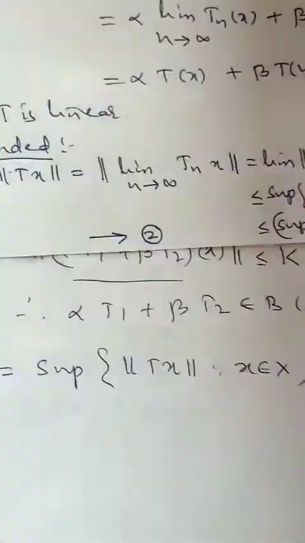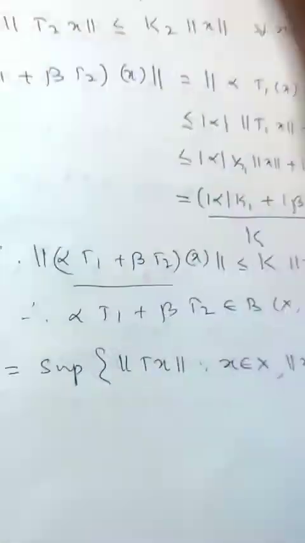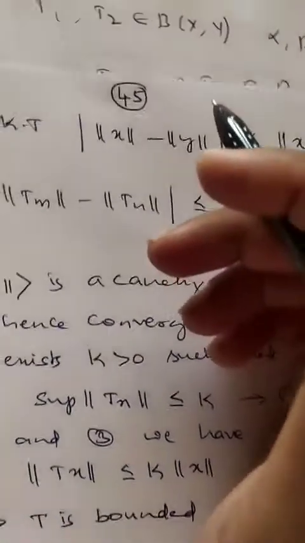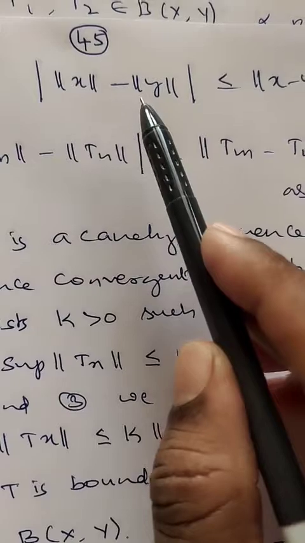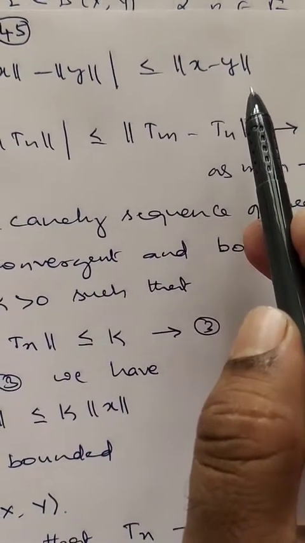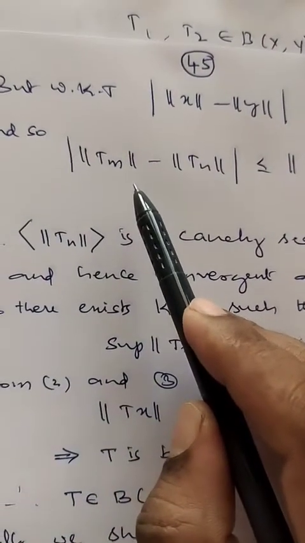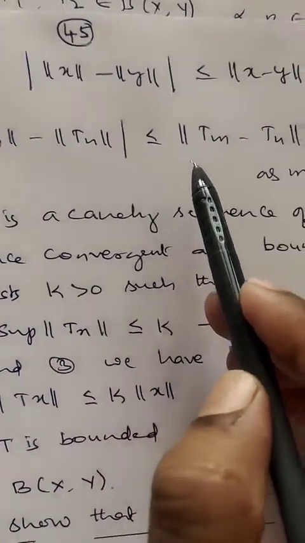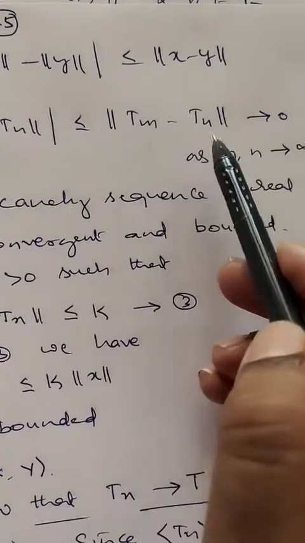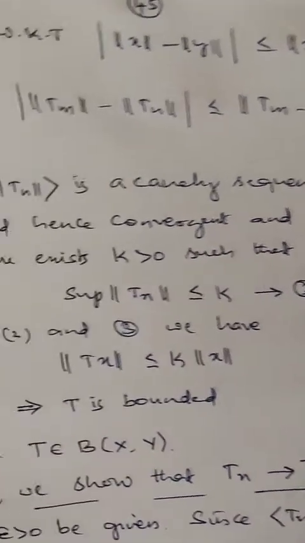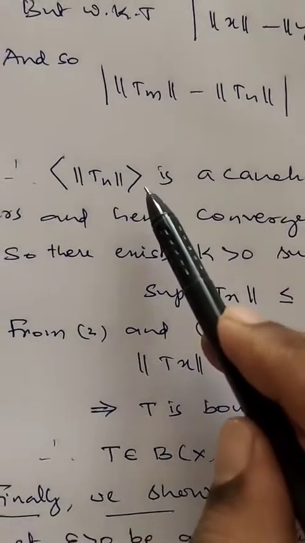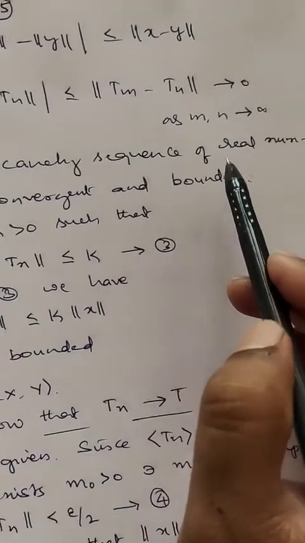But we know the condition that you already proved in the beginning of session 1 itself: mod of norm of x minus norm of y is less than or equal to norm of x minus y. So here norm of Tm minus norm of Tn is definitely less than or equal to norm of Tm minus Tn, which tends to 0 as m tends to infinity, from 1. So therefore norm of Tn is a Cauchy sequence of real numbers.